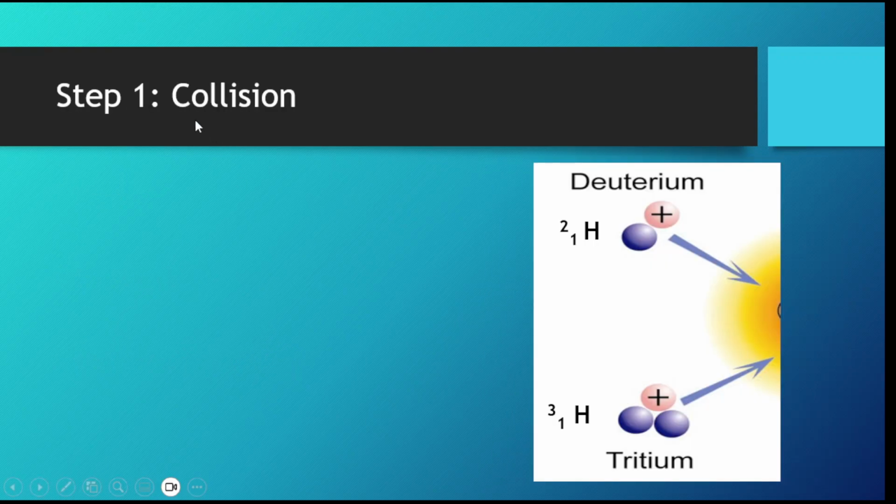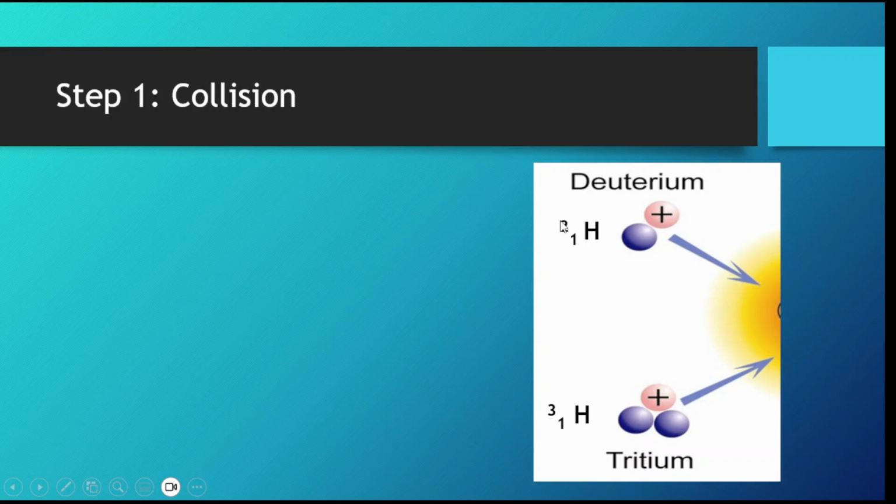So for step 1, in your notes, you're right that there is a collision. This box here is what you're going to draw into for step 1. So you're going to label this. Pick one color for protons, one color for neutrons. Once you draw this and you name it, this is deuterium, and it is hydrogen 2.